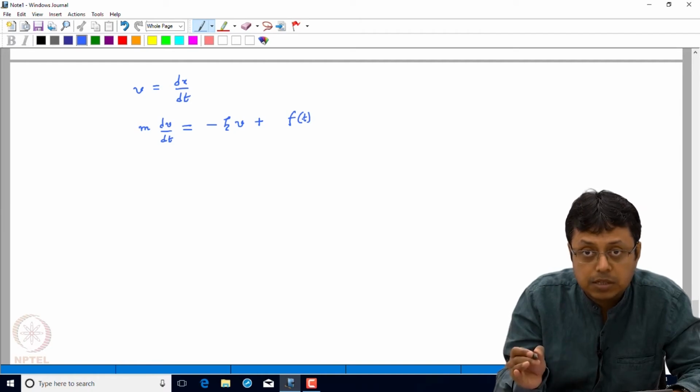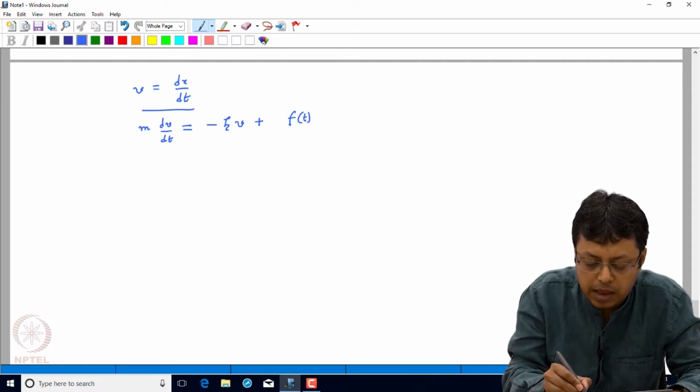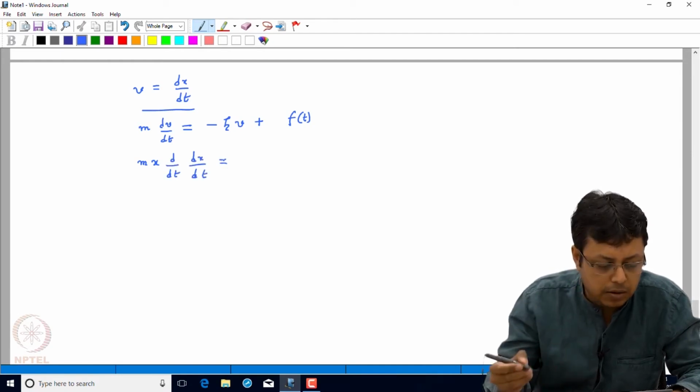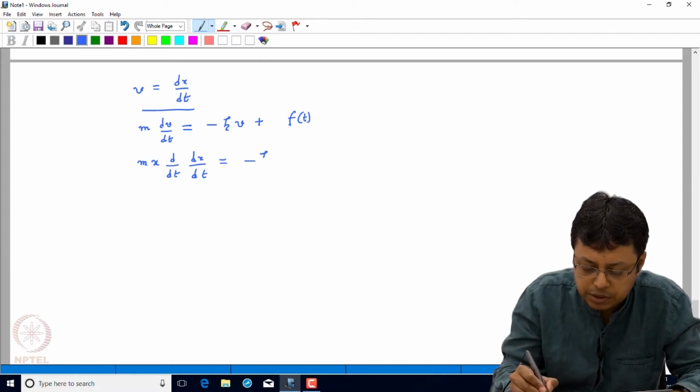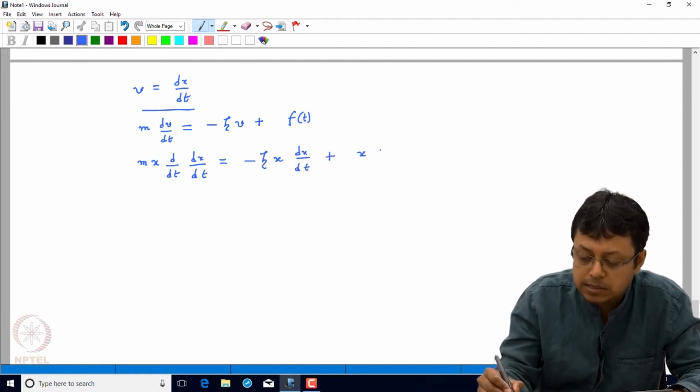Now I am multiplying both sides by x, and writing v as dx dt. So I will have m times x times d dt of dx dt, and on the right hand side minus zeta times x times dx dt, plus the random force, but multiplied by x.